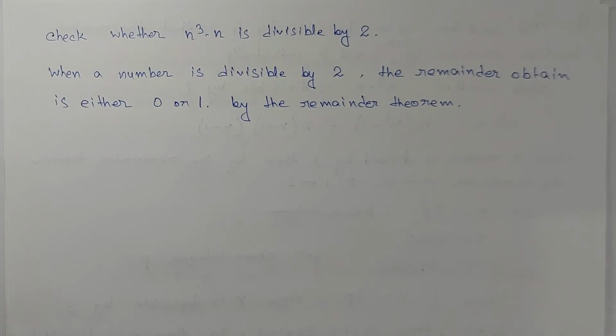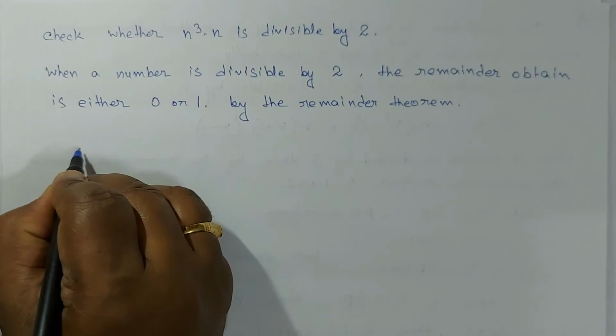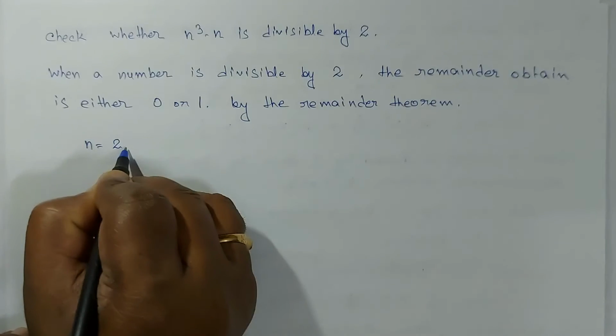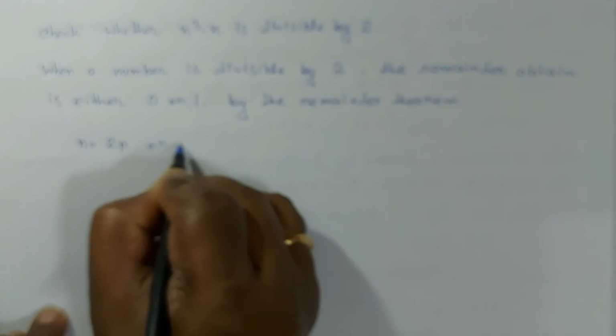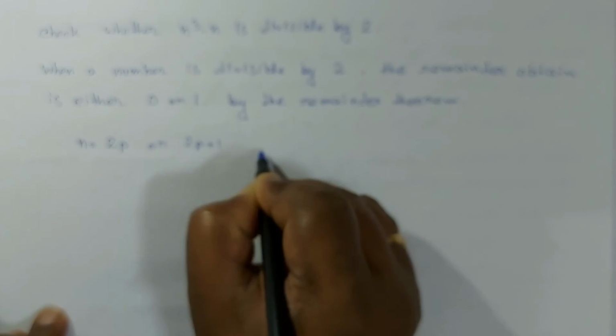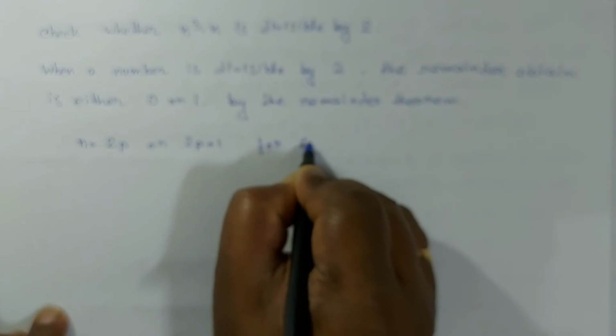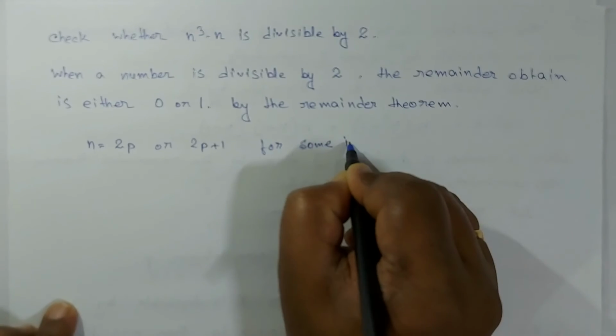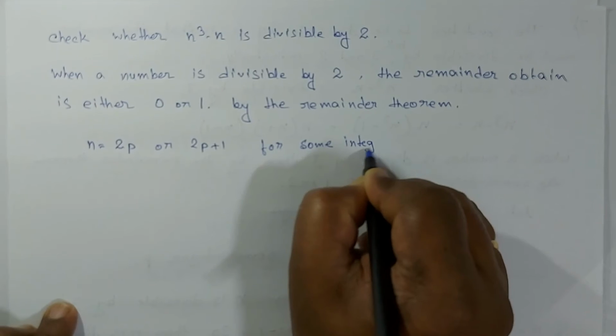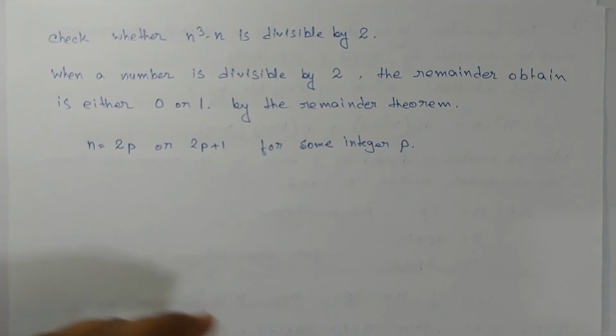So by the remainder theorem, n is equal to 2p or 2p plus 1 for some integer p. Okay.